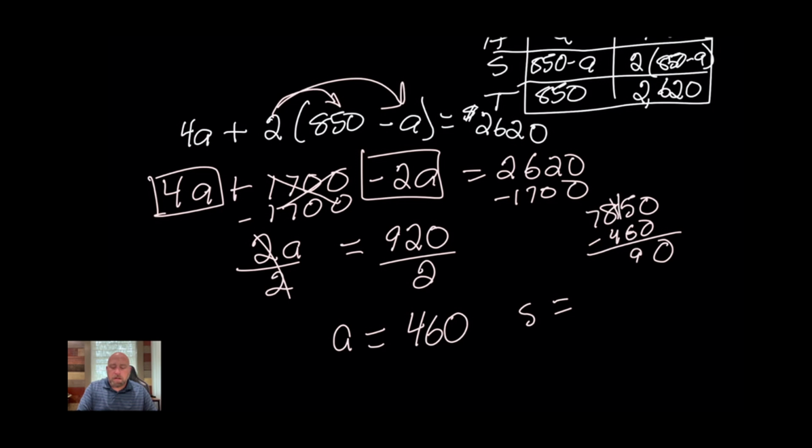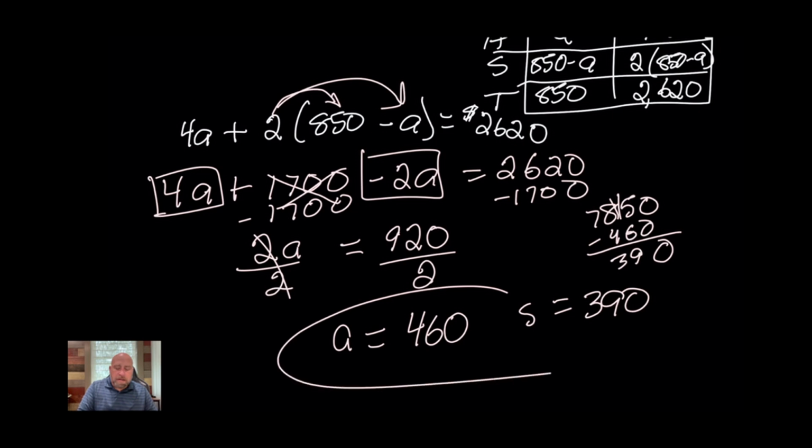Borrow over here. We'll get a 9. We'll get a 390. So there were 390 student tickets sold, and we had 460 adult tickets sold. Now you could plug that back in and check it. I won't take the time to do that. The check is there in your book.